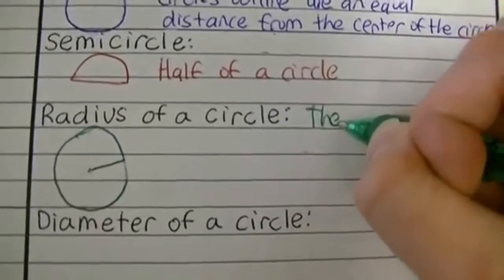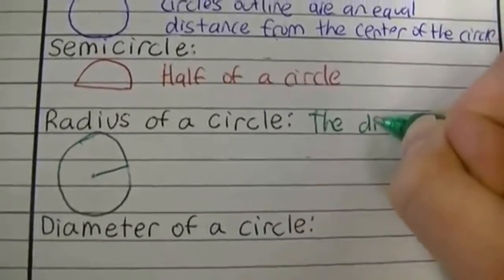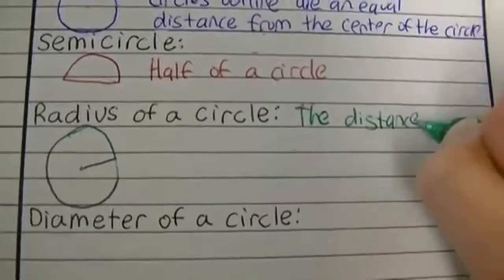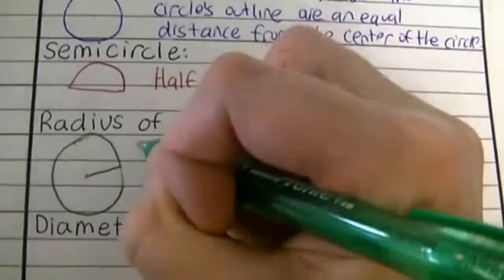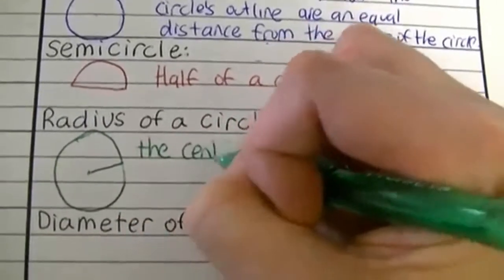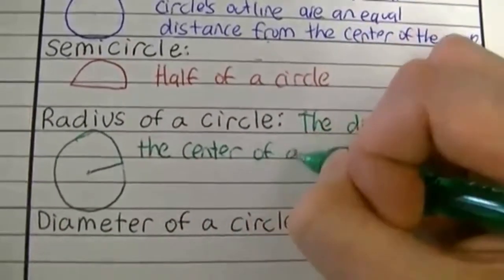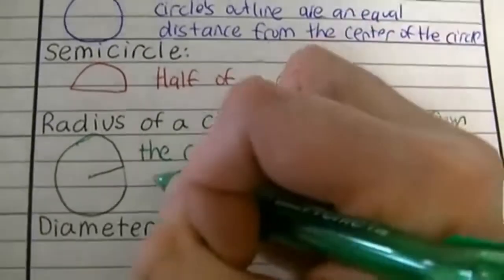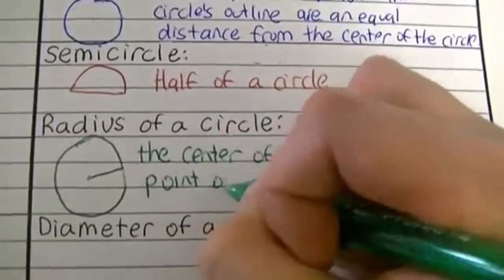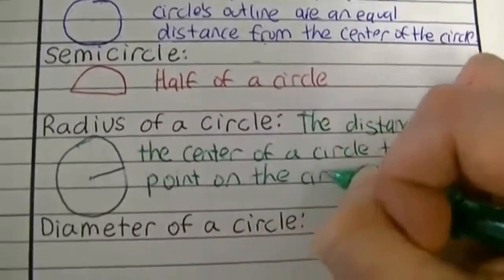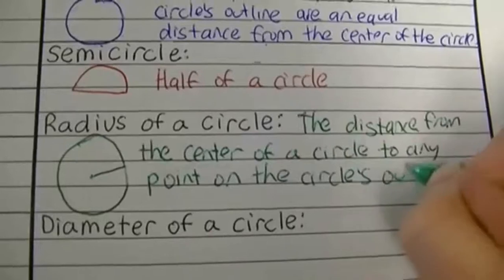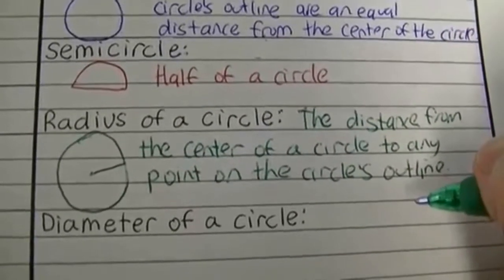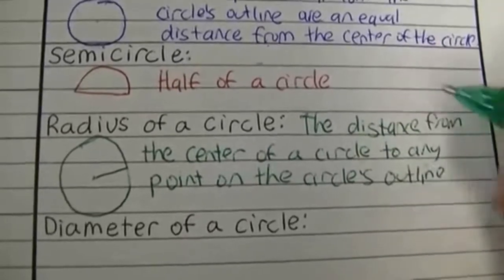The distance from the center of a circle to any point on the circle's outline. And a nice little fun fact, the radius is half the length of the circle's diameter.